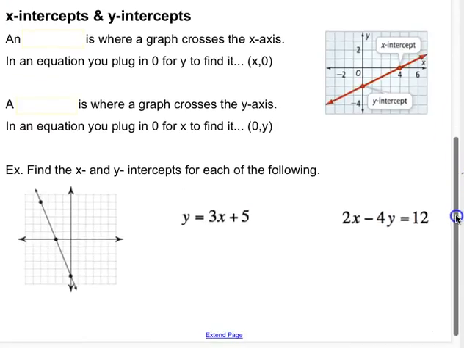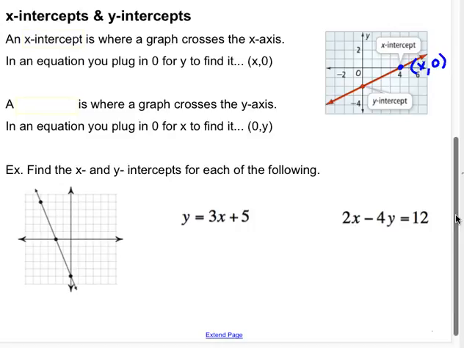Now, moving on to the next concept. So x-intercepts and y-intercepts. The x-intercept is where you cross the x-axis, and it's always in the form (x, 0). So wherever it crosses, and then the y value is always 0.